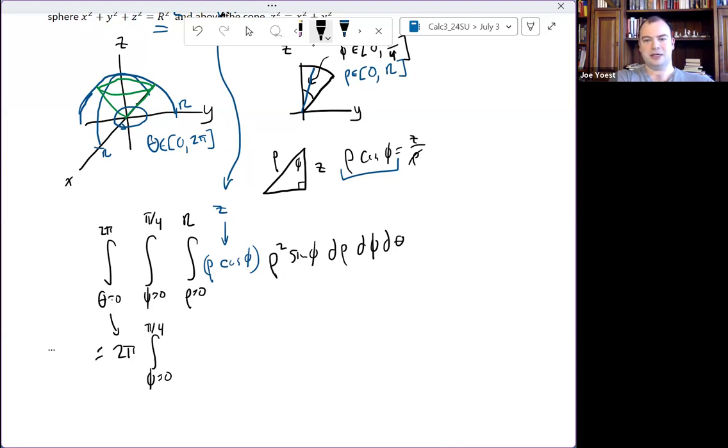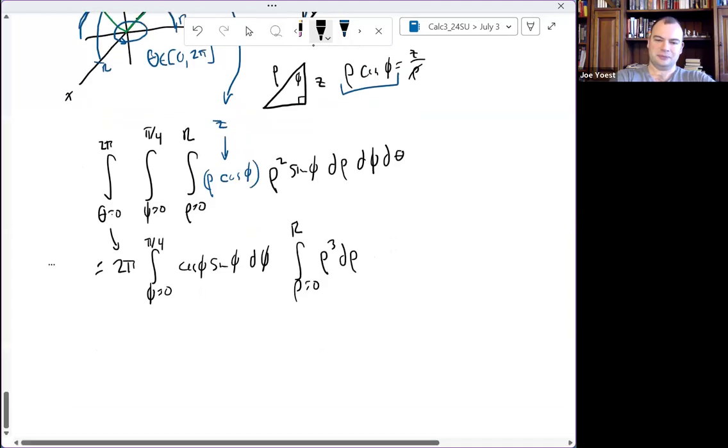My phi integral, I get the integral of cos phi times sine phi d phi. And then my rho integral, rho goes from 0 to big R of rho cubed d rho.